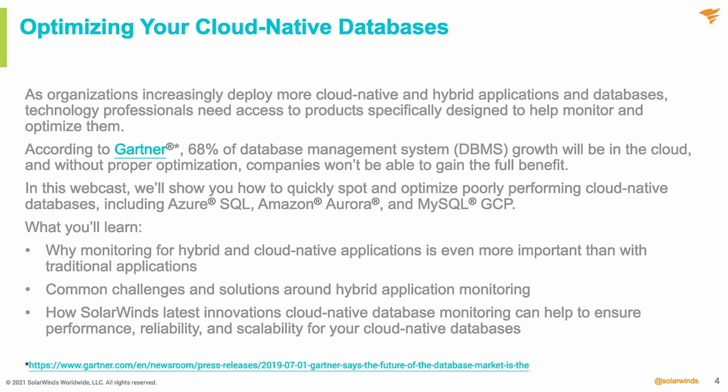But again, you can have very similar, if not the same, performance issues in the cloud that you do on premises. The cloud will definitely solve some of your problems, but it will not solve every one of your problems. So what we're going to do is talk about some cloud native databases in this demo: Azure SQL, Amazon Aurora, MySQL and GCP.